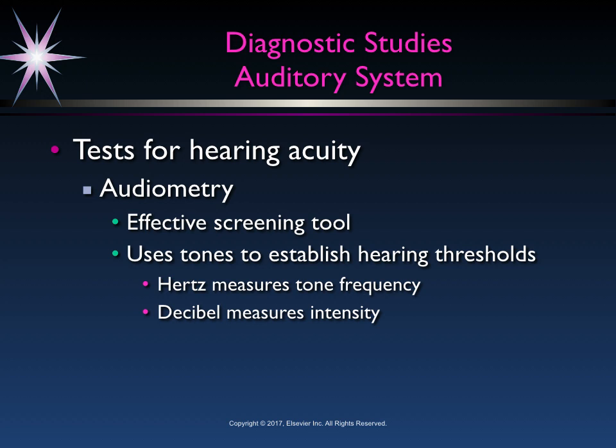Decibels measure the intensity. Normal speech is about 40 to 65 decibels, and a soft whisper is 20 decibels. We consider somebody to have hearing loss if they have hearing loss above 20 decibels. A 40 to 45 decibel loss is considered a moderate hearing problem.